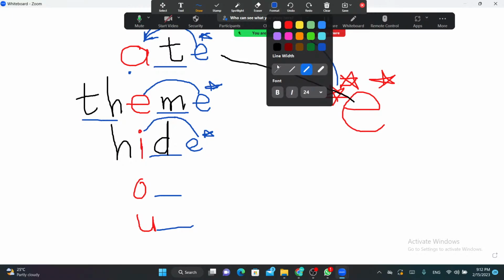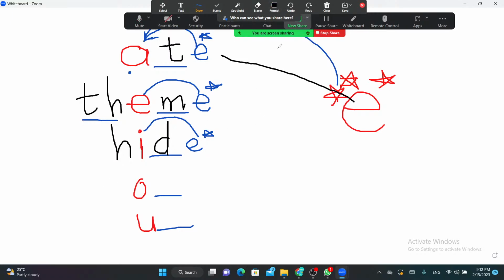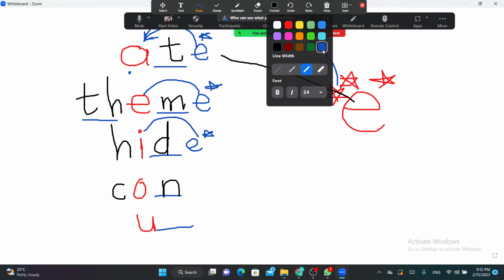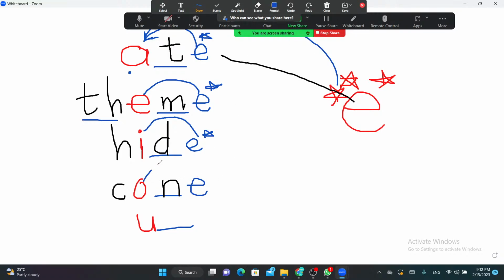If the word is con, with magic E it will be cone. If the word is cub, with magic E it will be cube, the long sound of U.